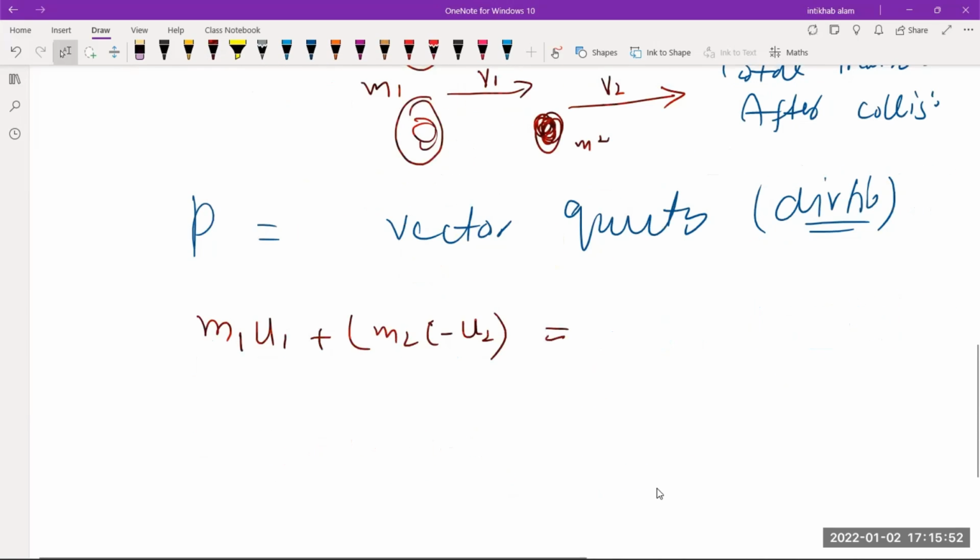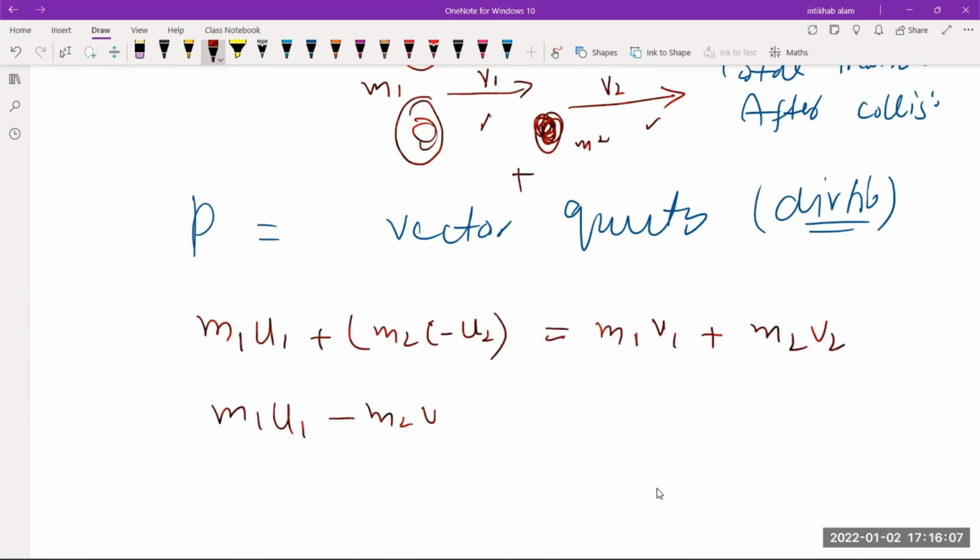And what about after collision? Both are going in the same direction, which is positive, so we do not need any negative sign. It is m1 v1 plus m2 v2. Now you can make the equation: m1 u1 minus m2 u2 is equal to m1 v1 plus m2 v2.